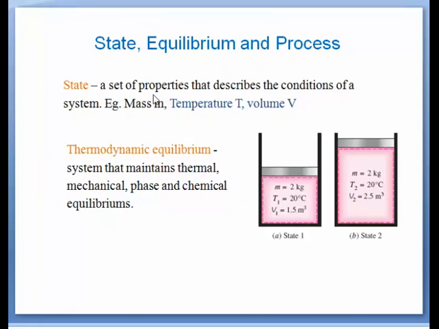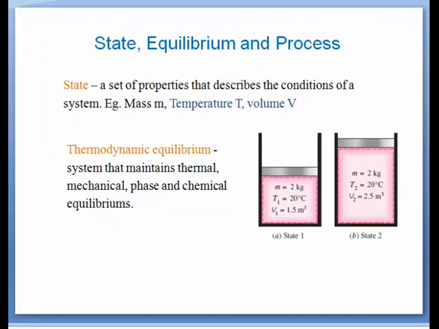Then the second thing that comes is thermodynamic equilibrium. Any system will be called to be in thermodynamic equilibrium when it simultaneously maintains thermal equilibrium, mechanical equilibrium, phase equilibrium, and chemical equilibrium.